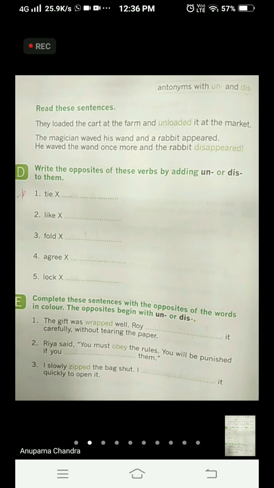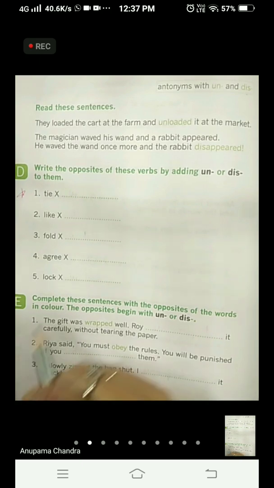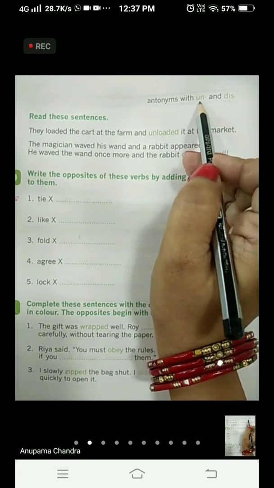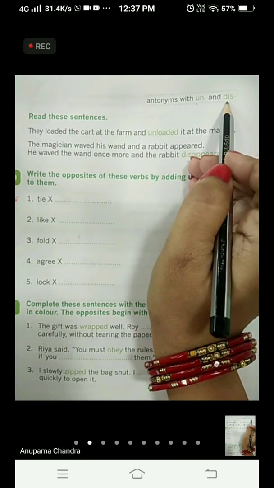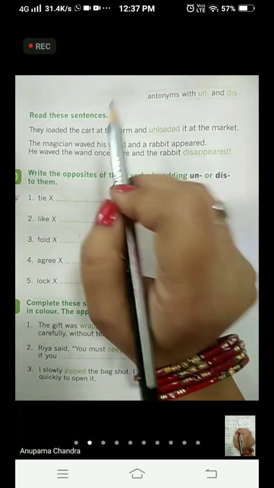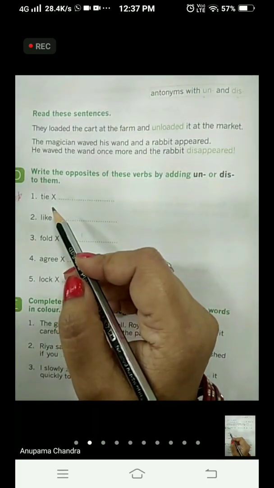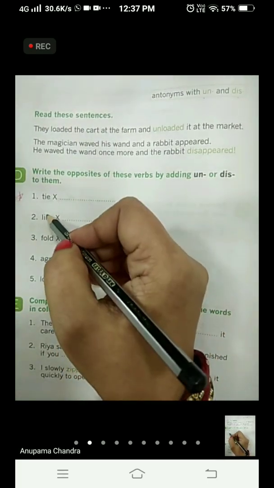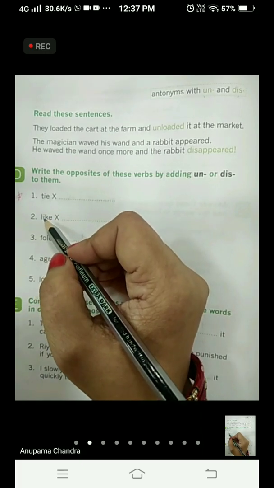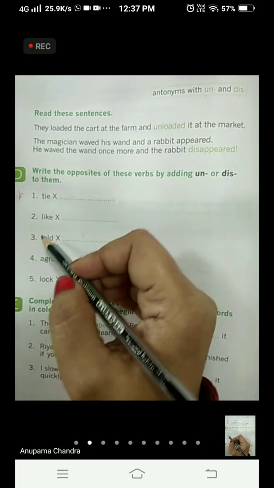For example, wet, dry, black, white, up, down, slow, fast, etc. Okay? So here we are going to write UN or DIS in front of the word to make the antonym for the given word. Let's see.